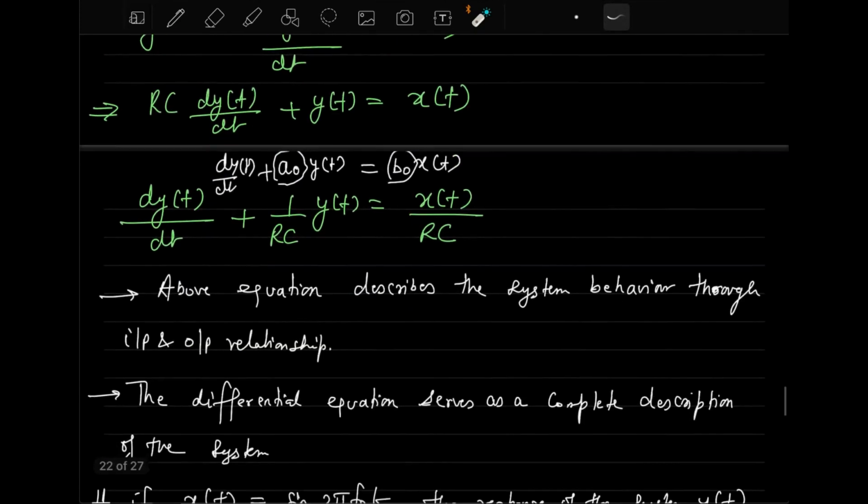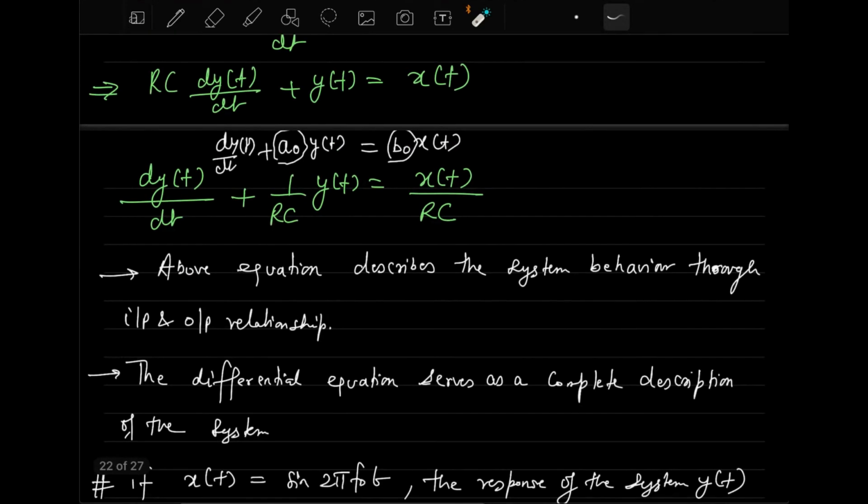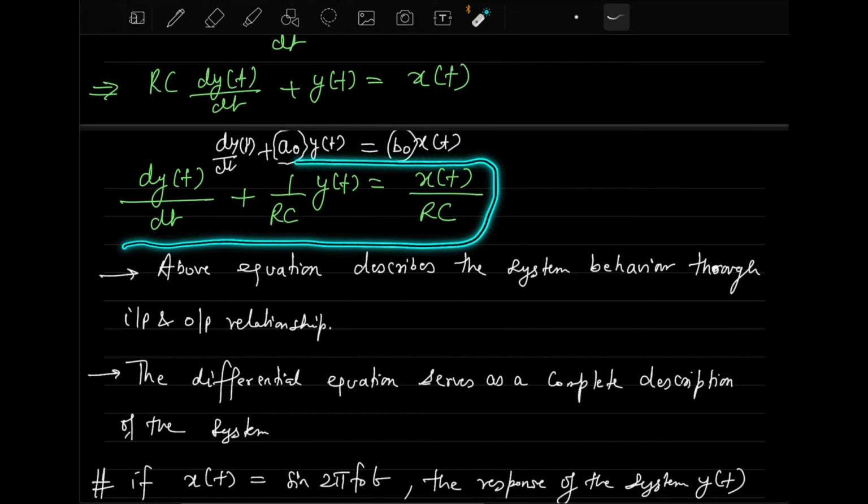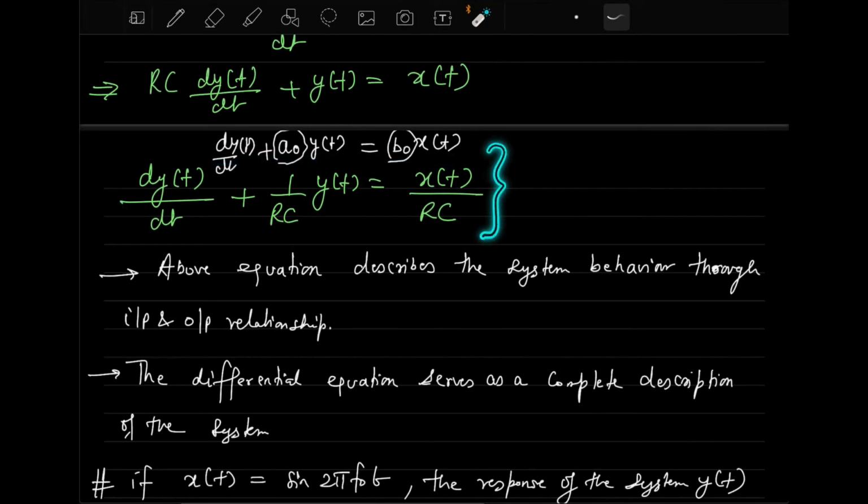This is basically a differential equation which governs your input and output, and it's the system which actually makes this differential equation between the input and the output. The above equation describes the system behavior through the input and output relationship.